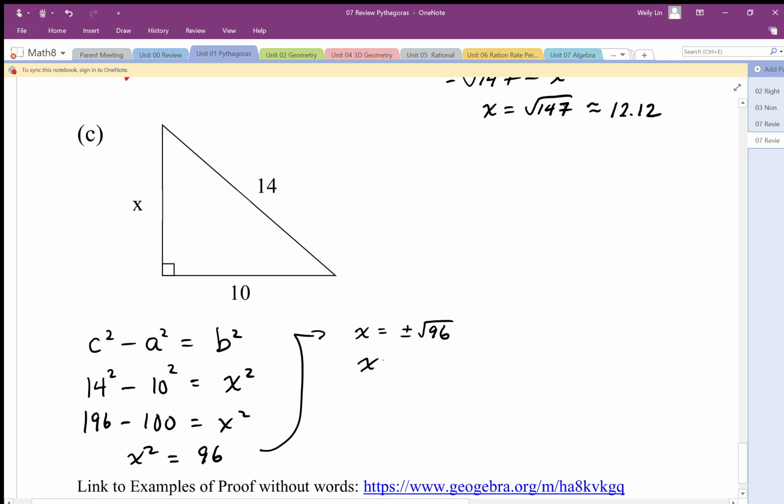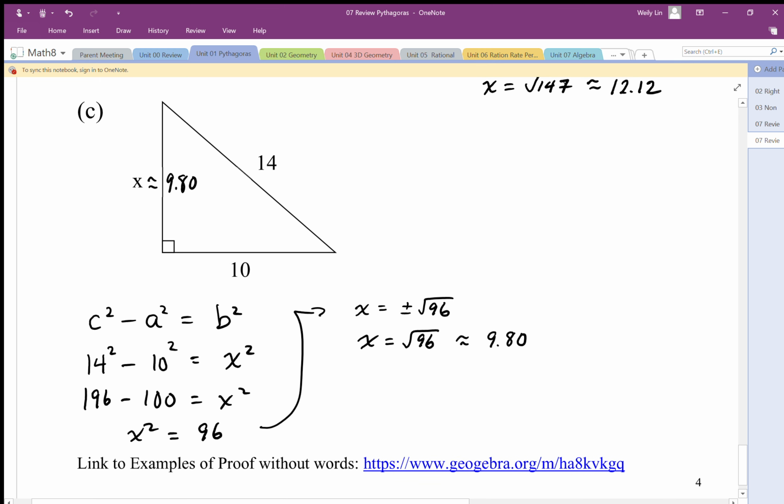And because it is a side length, I don't need to worry about the plus minus. I'm just going to write square root 96 exactly. And if I want the decimal approximation, it's about 9.797. So I'm going to round that to 9.80. Okay, so this length is approximately equal to 9.80.